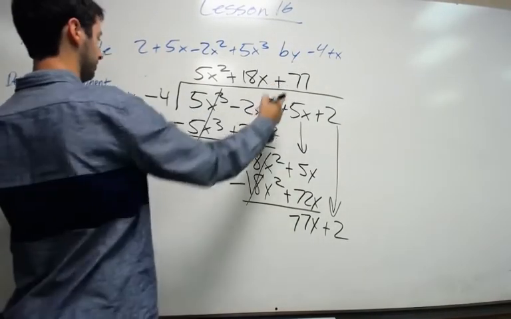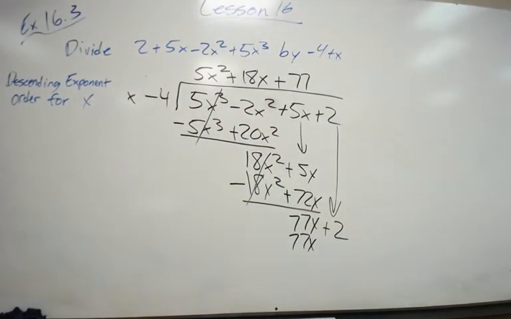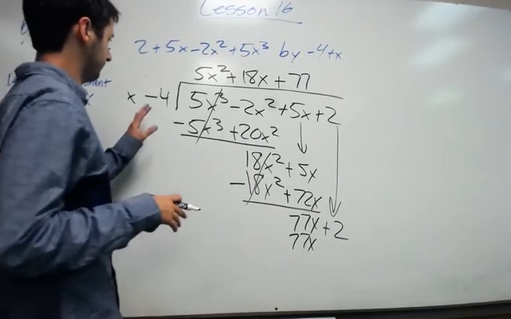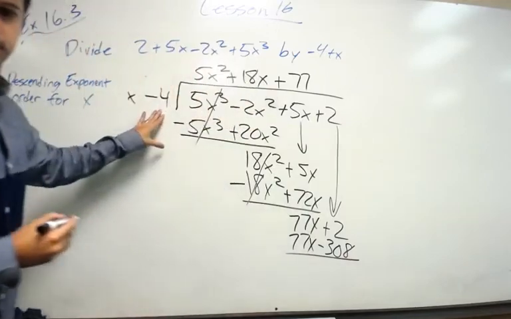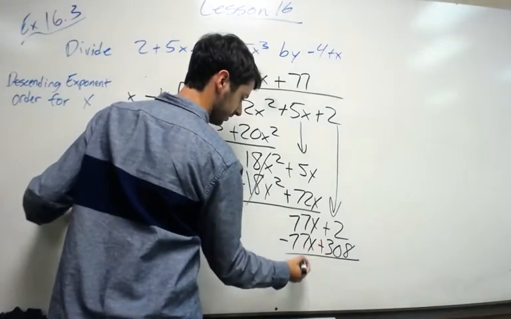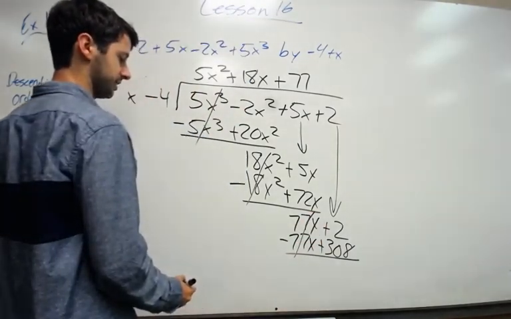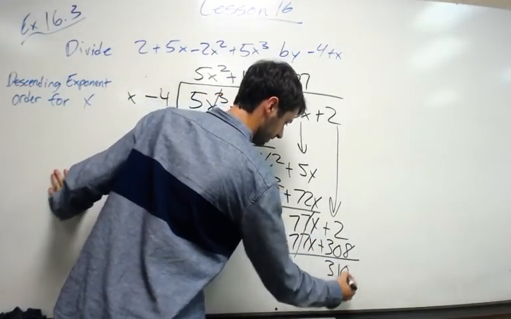So we get 77 times x, 77x. 77 times 4 is, make sure I got that right, 308 negative. And from there, once again, change the signs, negative, positive. 77x minus 77x is 0. 2 plus 308 is 310.